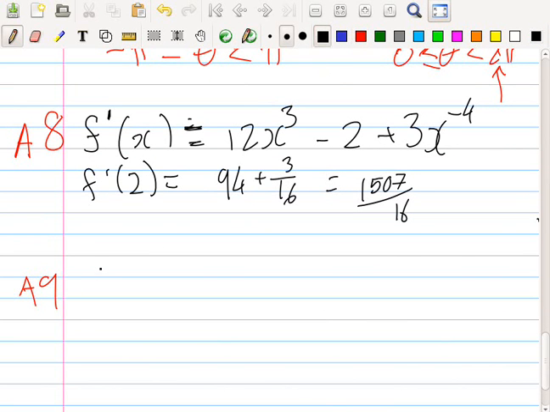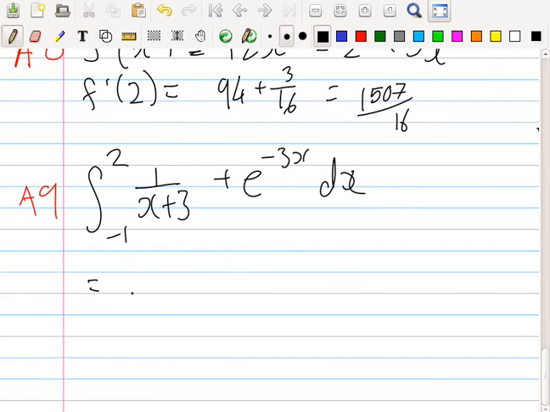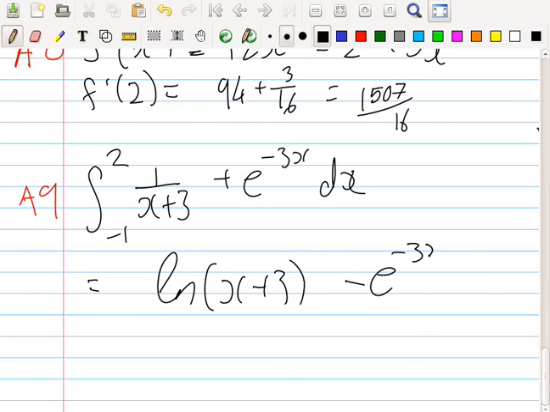He wants you to calculate the integral from minus 1 to 2 of 1 over x plus 3, plus e power minus 3x dx. That equals log of x plus 3, minus e power minus 3x over 3.